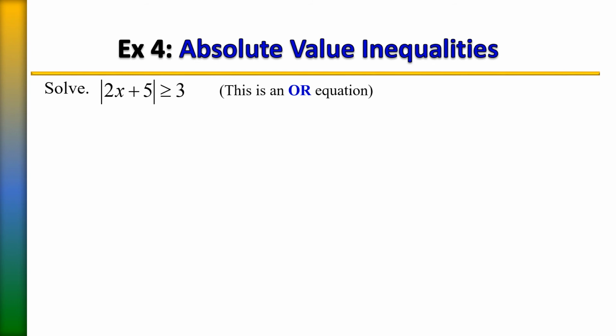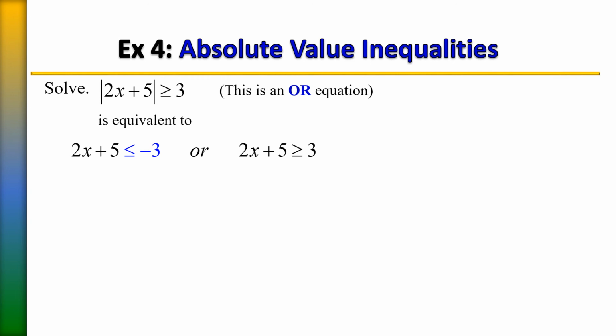So we're going to have the positive of that constant and then the negative of that constant. So we'll have 2x plus 5 is greater than or equal to 3, or 2x plus 5 is, and remember we have to change the symbol, so it would be less than or equal to -3.